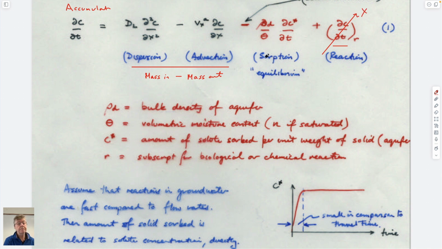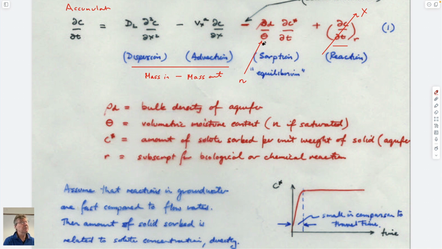we won't really talk about this, but perhaps it's easier to talk about sorption. And sorption would be stuff that's dissolved in the water that gets attached to the quartz particles in the aquifer. And we can define that behavior in terms of a density of the aquifer, kilograms per meter cubed, a volumetric moisture content. So the maximum limit of this, if it's saturated, would be the porosity.